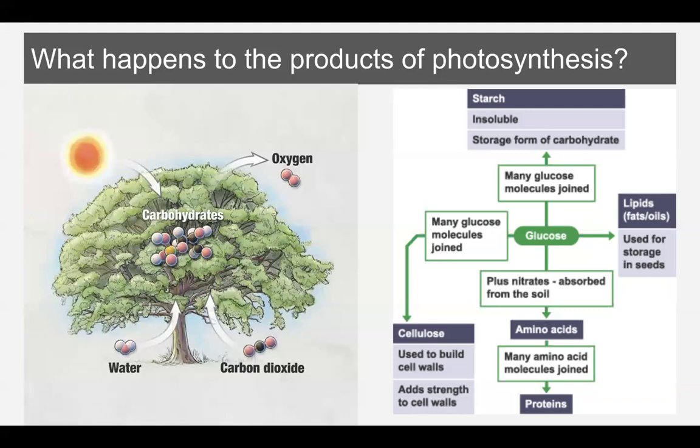and they can turn it into a biomolecule, a carbohydrate in the form of starch. And starch is how trees store large amounts of energy. They can also take those glucose molecules and turn them into cellulose. Cellulose is like bones for trees.